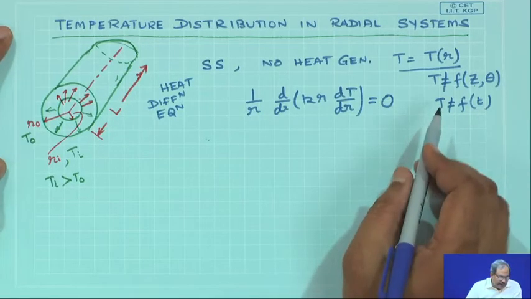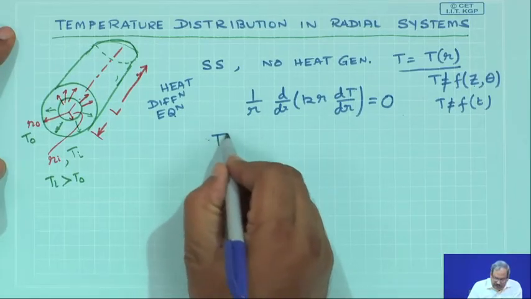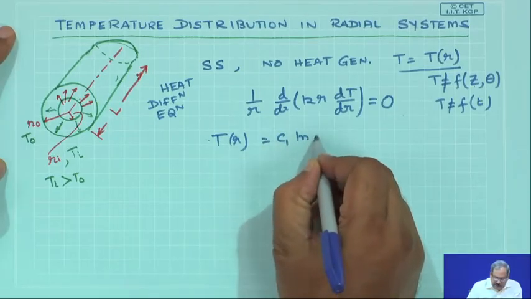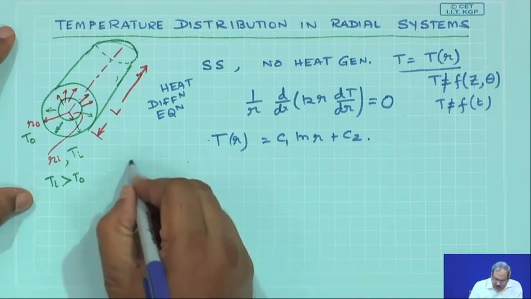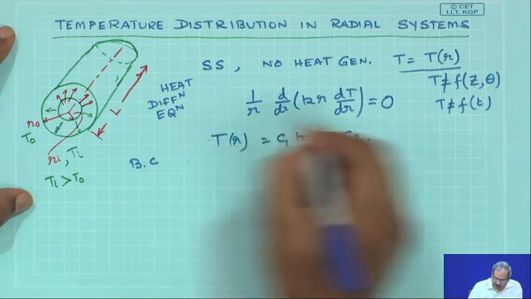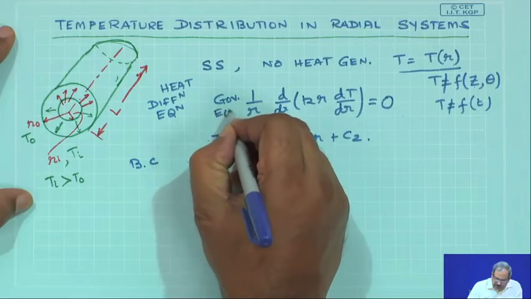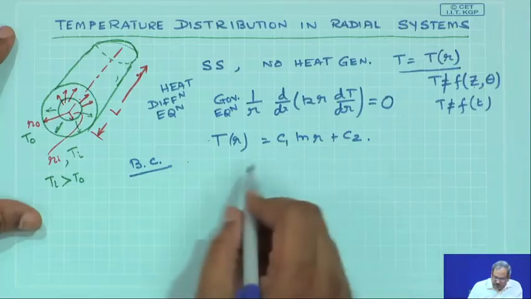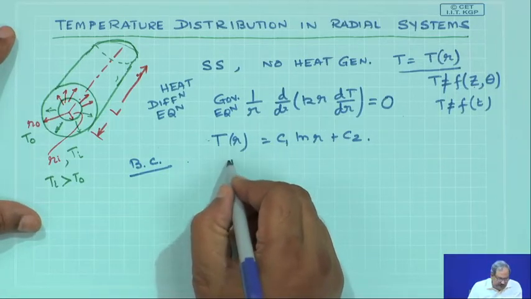Okay. And one can integrate this equation, and what you get is T(r) equals C_1 ln r plus C_2. This is your governing equation, and in order to solve it, you need two boundary conditions, which are the two known temperatures in this case.